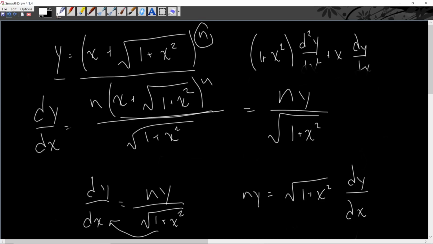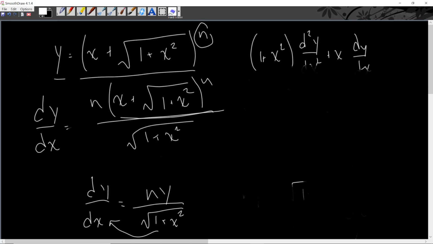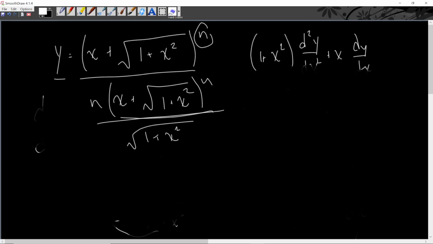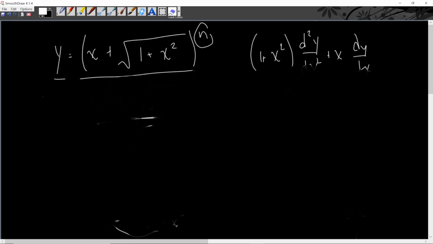And from here, we can actually differentiate because we need to get d squared y over dx squared, right? We have another relatively normal derivative. Let's write this out up here. We have the square root of 1 plus x squared times dy/dx.